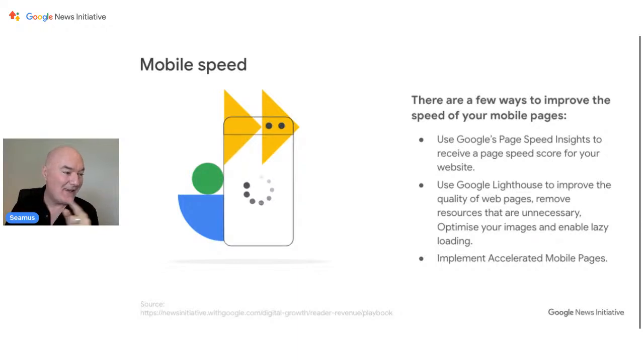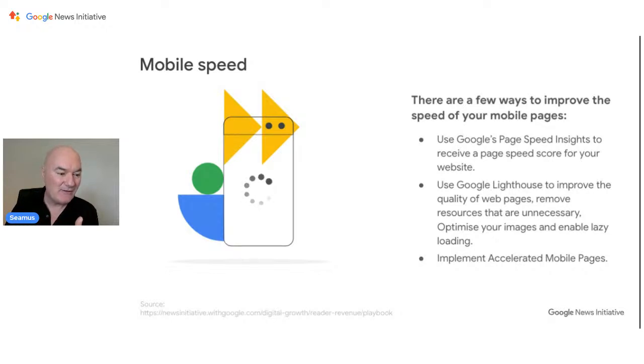Mobile speed. We see the little circle spinning there on the screen. That's what we don't want. How long is it taking for your website to load, not just on a browser, on a PC, but also on the mobile phone, on the mobile pages? So we know that readers are less likely to be patient, waiting for a site to load.